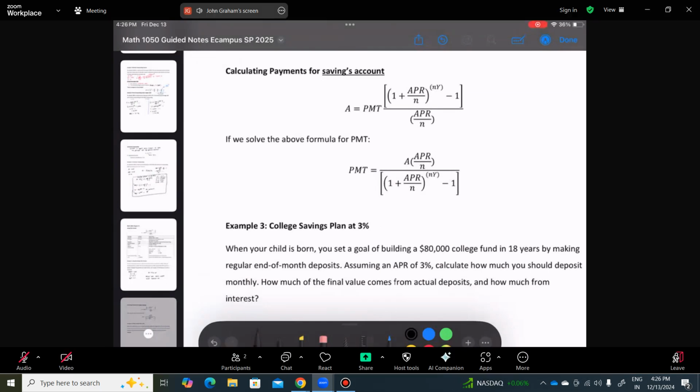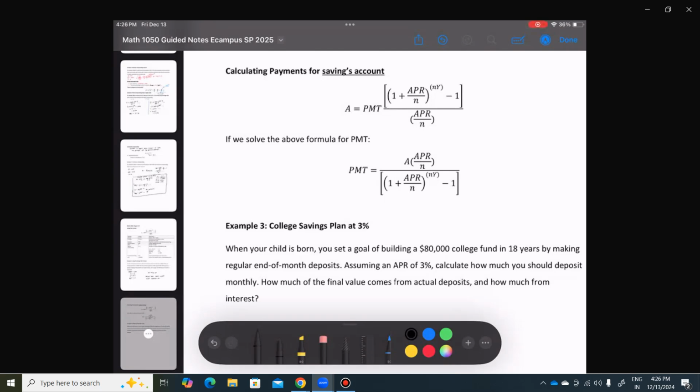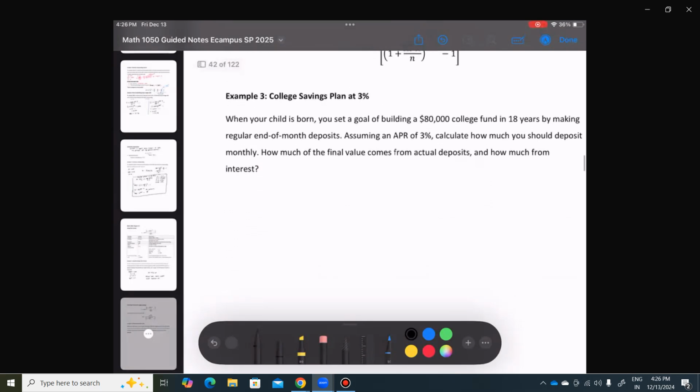Now we can take the savings plan formula and solve it for the payment, which is just dividing the right side, all that over, and using this formula to calculate the payment based on a given amount you want. So, when your child is born, you set a goal of building an $80,000 college fund in 18 years by making regular end of month deposits.